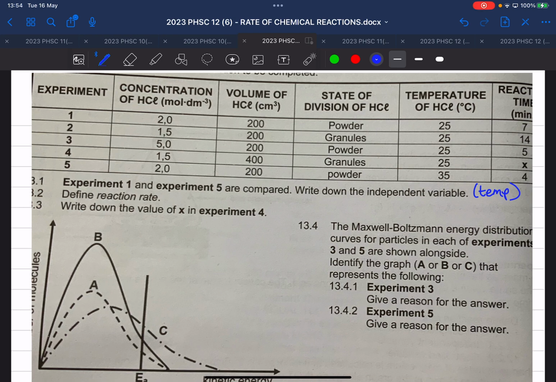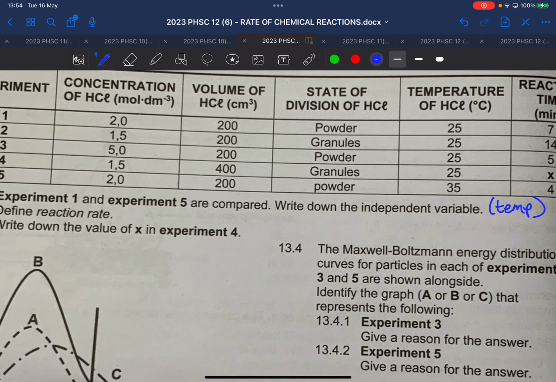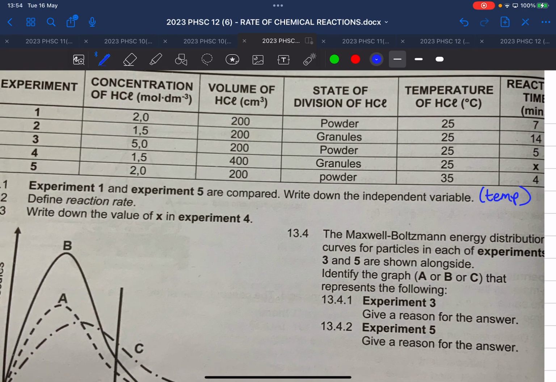Right. Then 3.3. Write down the value of X in experiment 4. How must we just make up a time? This is weird. What we're going to do is see which one 4 is very similar to. If you look at 4, the concentration is 1.5. 2 is also 1.5.